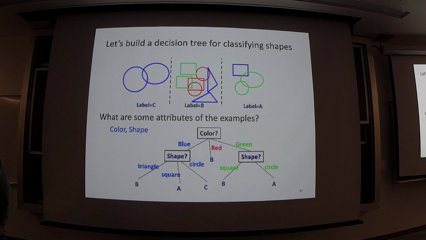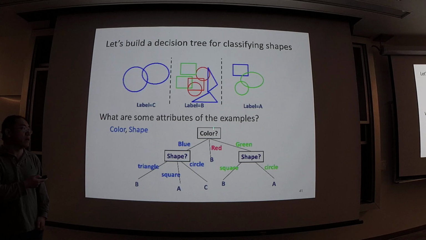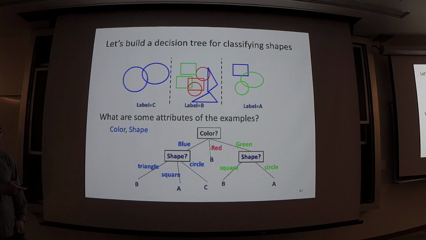So we have manually created such a tree. We first pick the color, and then split the data set according to the 3 possible color values, blue, red, and green, and then we do it recursively until we reach all those leaf nodes.